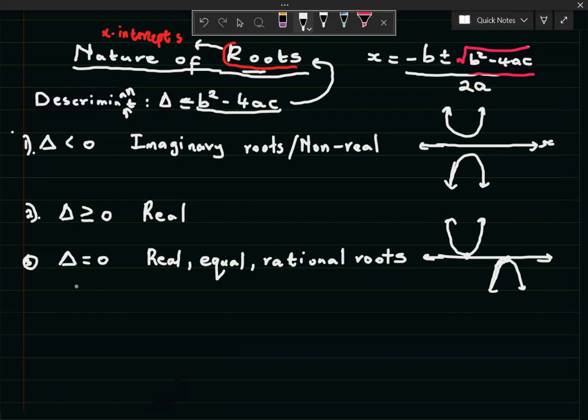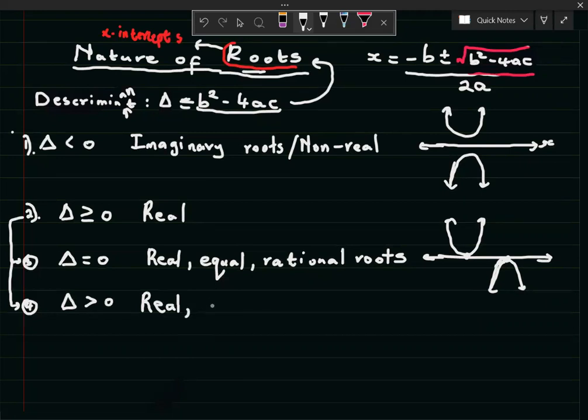Okay, perfect. So now we're going to do number 4. If delta is not equal to 0, but it's positive, if you check, 2 is further broken down into this and that. So this one is positive, so we have a positive number under the square root, so we have real roots, right?